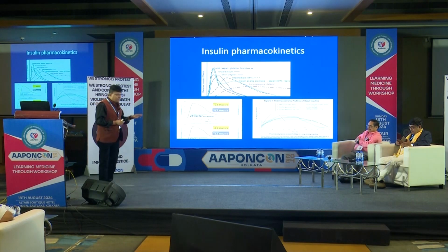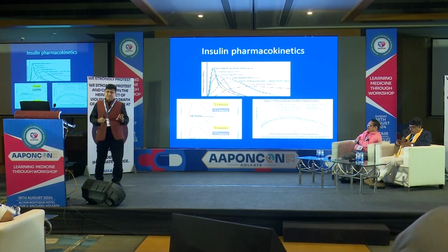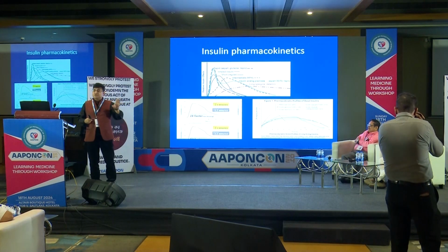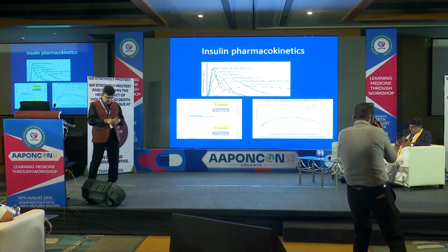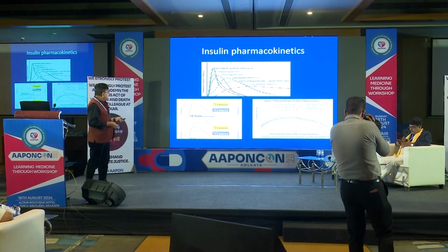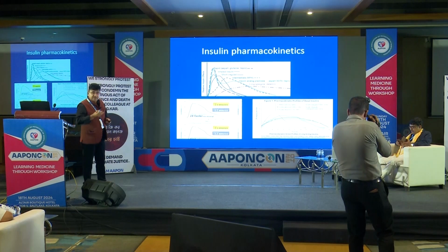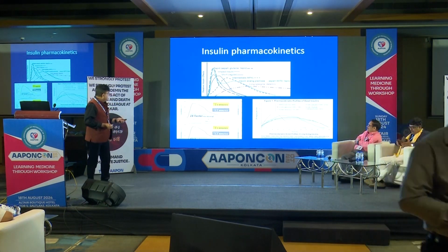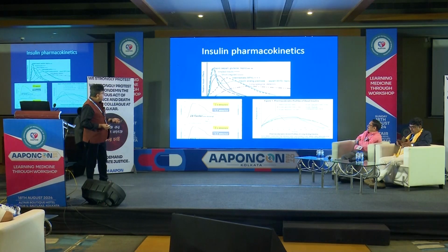So first of all, when you talk about inpatient hyperglycemia management, we must understand what are the different insulins which are available now. And this single slide will tell you about the insulin pharmacokinetics, which are very important to be remembered. Almost all the insulins are here. Starting with very long acting insulin, glargine, detemir, and then you have the NPH insulin, then you have the premix insulin.